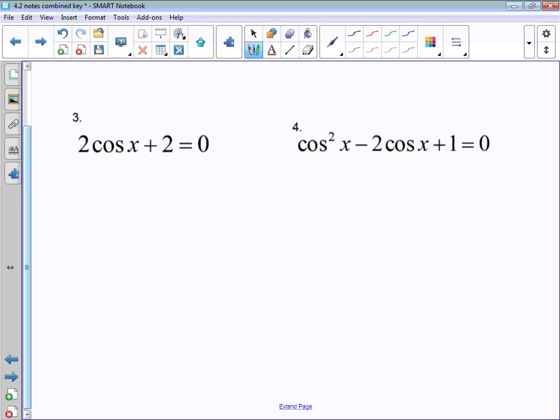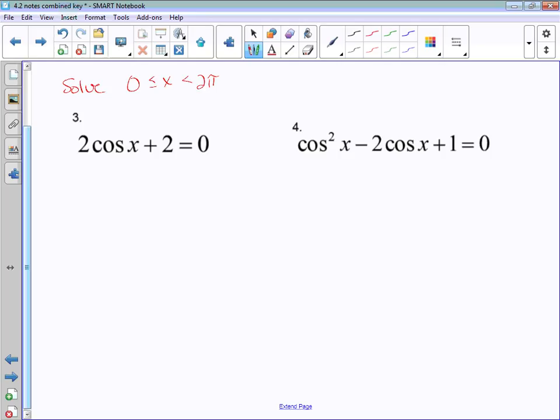Guys, if you want theta instead of x, that's fine. So we are still solving. All the way around the circle, okay? Once around the circle. Just write it down. I will help you.